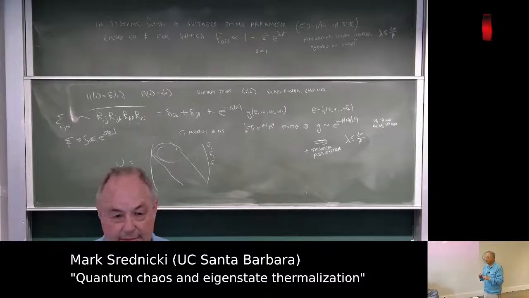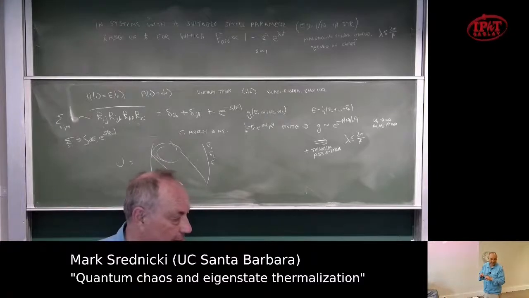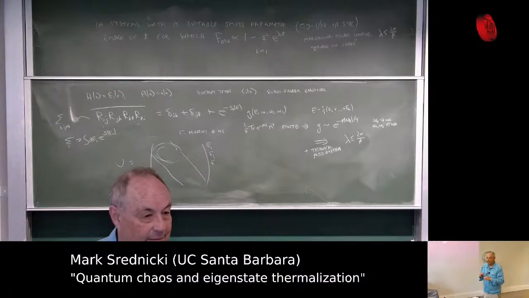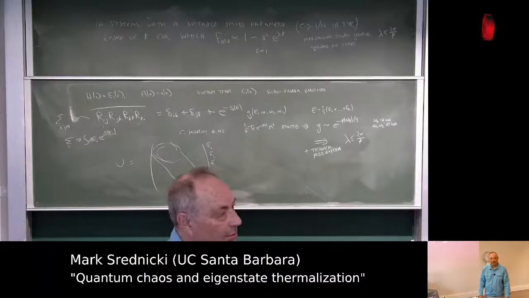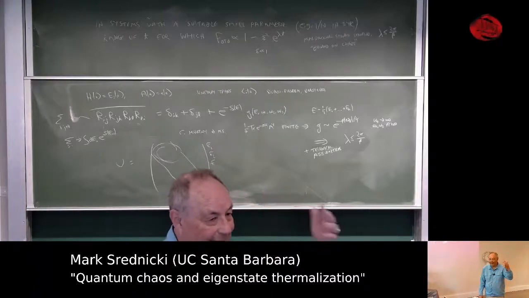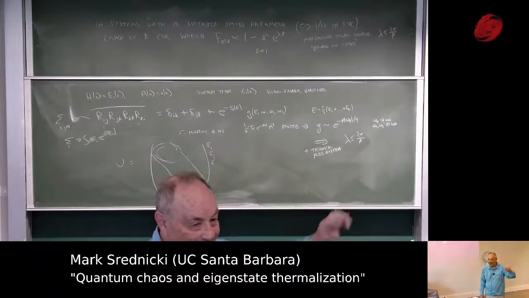Questions? Online, are there questions? Just from curiosity, you mentioned this work by Larkin, where did this first appear? What was he doing? They were doing something with superconductivity, and it's a very technical paper, and they were trying to compute something.